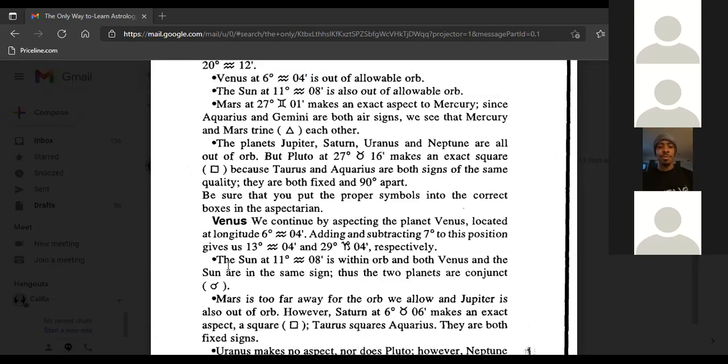The sun at 11 degrees Aquarius, 8 seconds is within the orb, and both Venus and the sun are in the same sign. Thus, the two planets are conjunct.